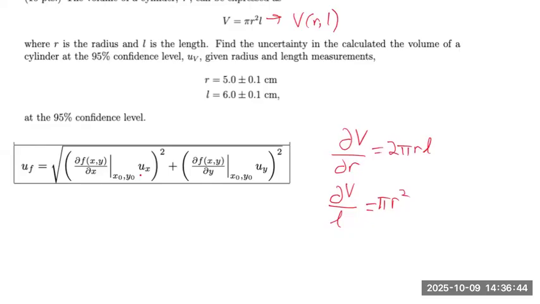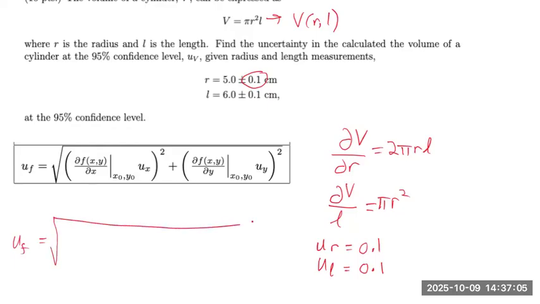Basically, we also have UR and UL. UR is the uncertainty due to the radius measurements, which is going to be 0.1 centimeters, and UL is the uncertainty due to the length measurements, which is 0.1. And UF is going to be equal to the square root of the partial derivative, so it's going to be 2 pi r L times UX.